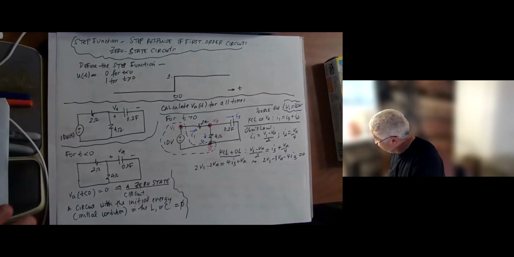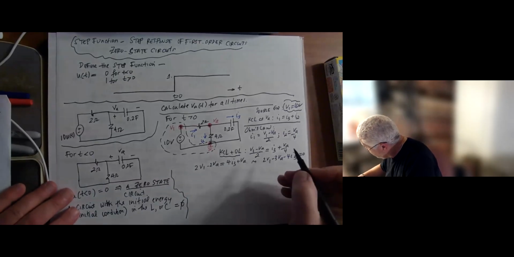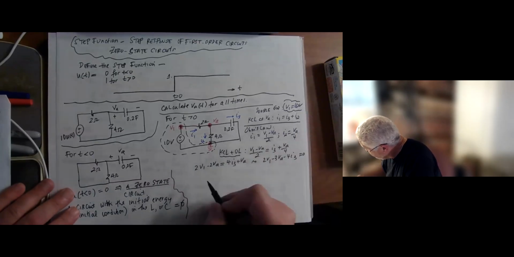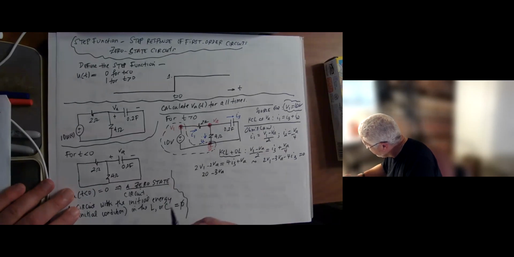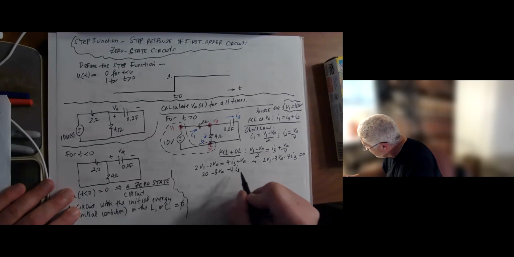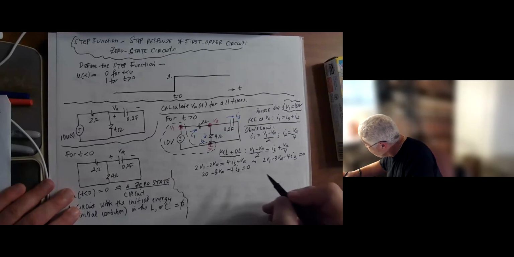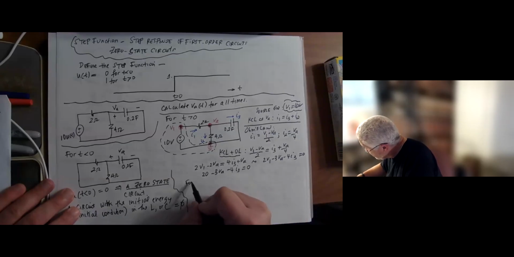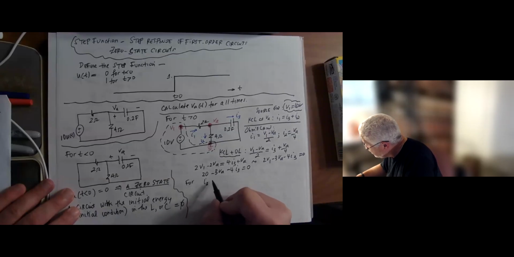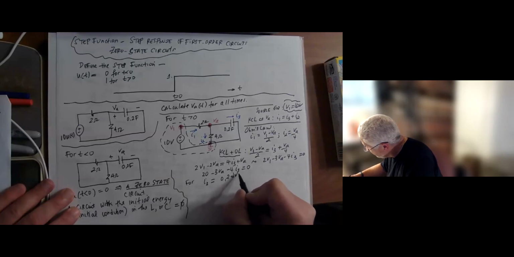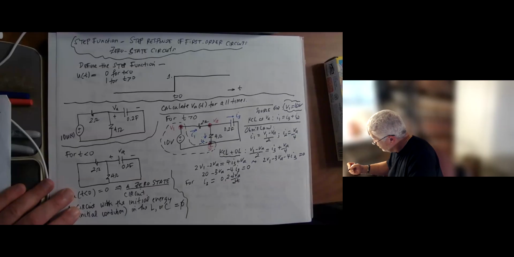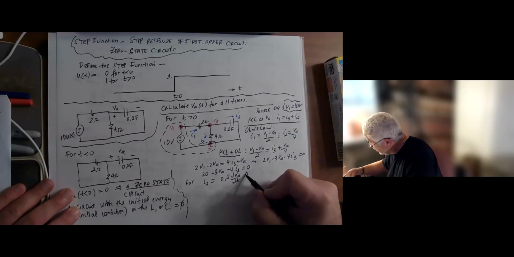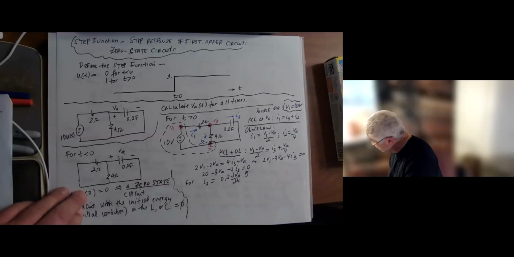Of course, V1 is 10 volts. So we have 20 minus 3VA minus 4I3 equals 0. And then for the capacitor, we're going to say I3 is equal to 0.2 dVA/dt, and we're going to use that in the KCL equation.